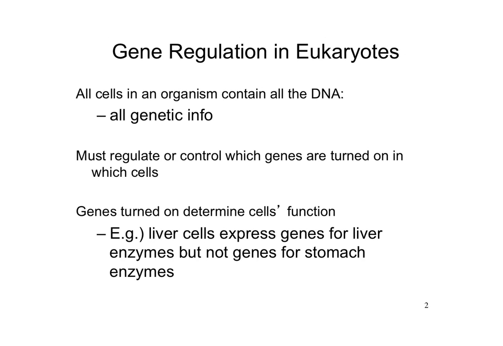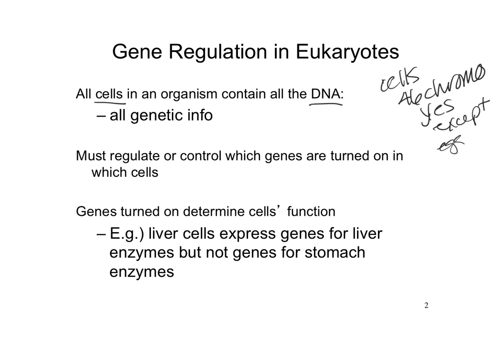My favorite, ch17eukgenereg and eukaryotes. What do we need to start with? Something that we get confused about or we lose our minds, right? Every cell in an organism, in us, has all the same DNA, right? If I asked you, all cells have 46 chromosomes in humans, you would say yes, except, right, eggs and sperm.